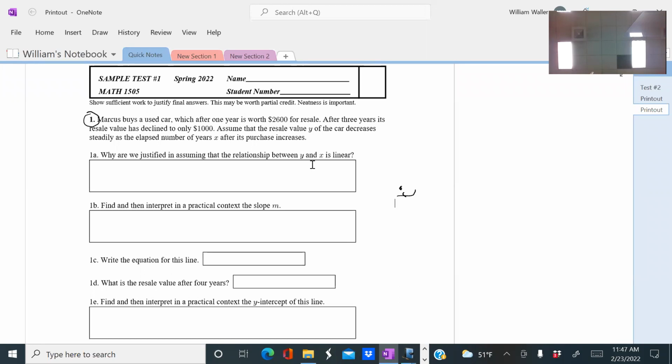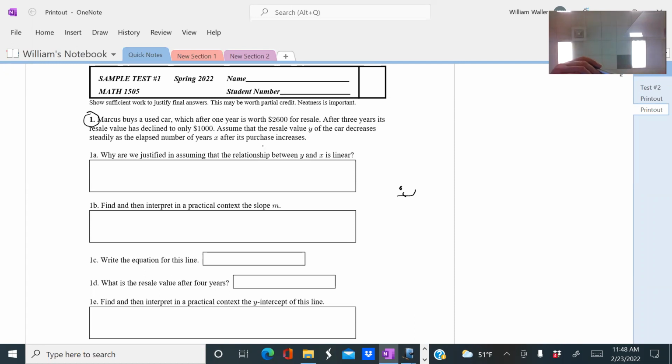Robbie says we know that the resale value of the car is decreasing as X increases, at a steady rate, yes, that's important. So the answer here is we're justified because the resale value Y is decreasing at a steady rate as the elapsed number X increases, and that steady rate gives away that this is a linear function.